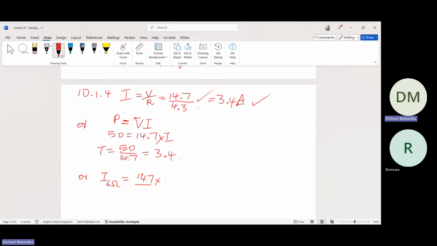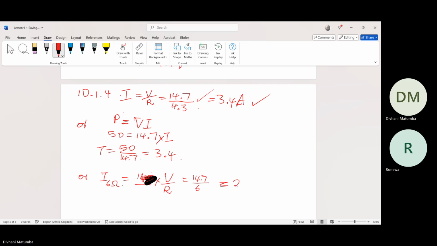Let me write it properly so that you see. It will be V over R, which is 14.7 divided by the resistance, 6. This will give you what?